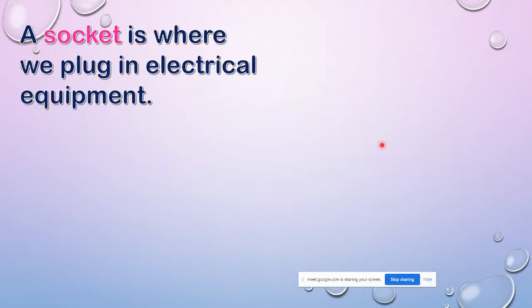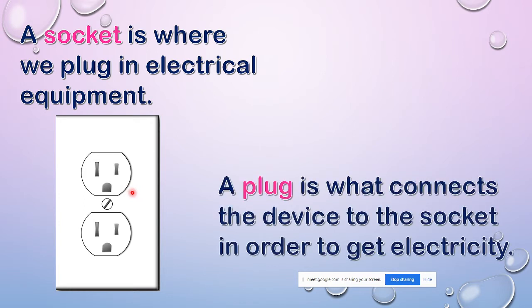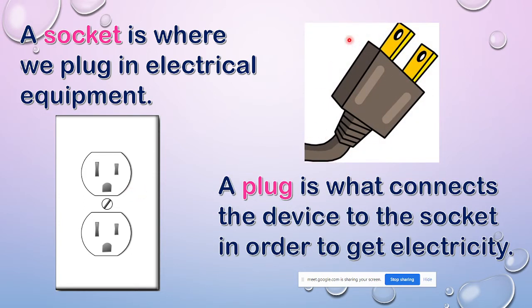Okay. Now, a socket is where we plug in electrical equipment. This one is what you call a socket. But in Thai, you call this a plug, right? You say plug here, but this one is actually a socket. This one is the plug. This is the plug, and this is a socket.